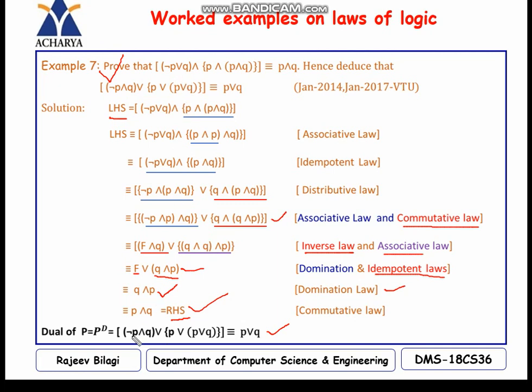Now I can write it as the negation of P, or Q. Within brackets P, and this is AND, so here I can write it as OR. So the dual of this given statement will be this one. Hence we have deduced the second part of the problem.